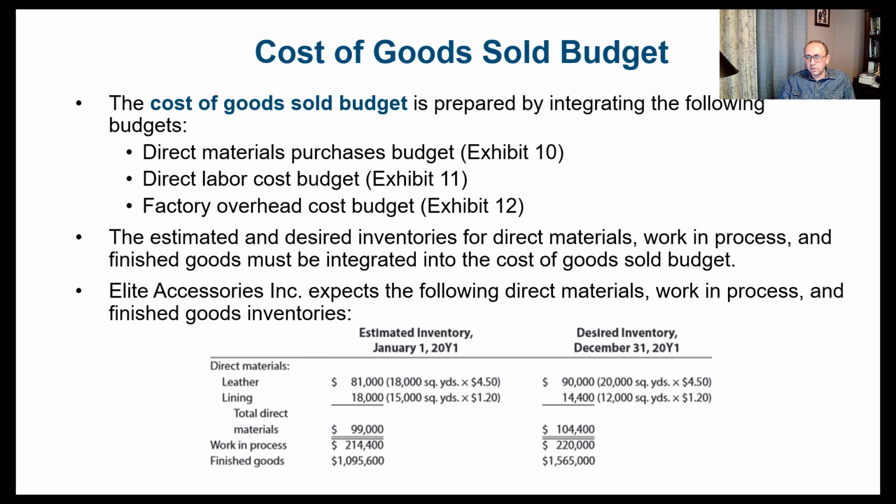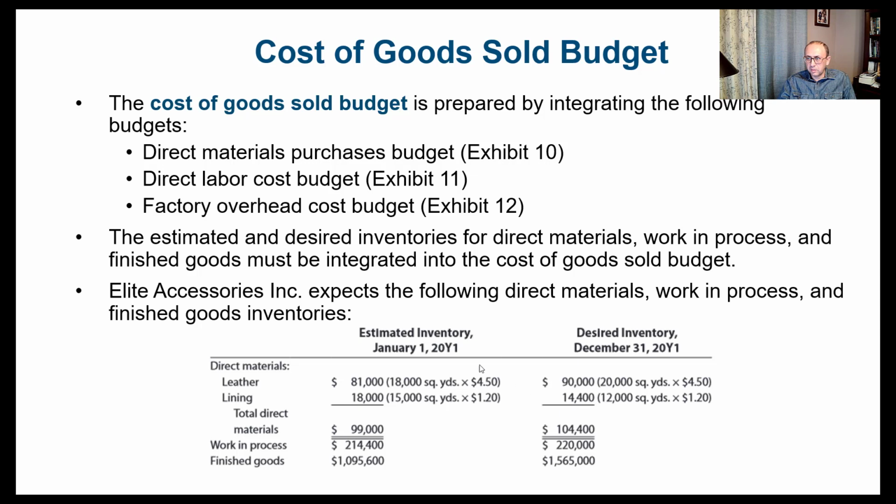The estimated and desired inventories for direct material, work in process, and finished goods must be integrated into the cost of goods sold budget. So going back to our company, Elite Accessories, it expects the following direct material, work in process, and finished goods inventory.